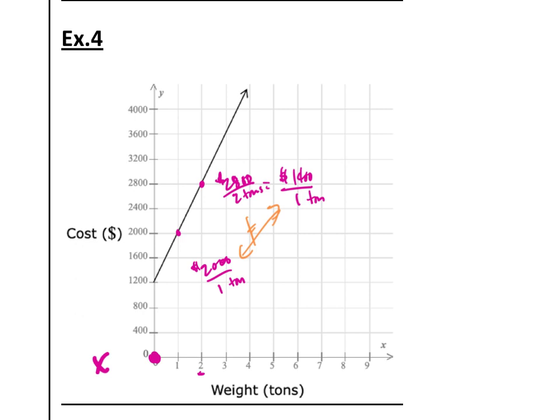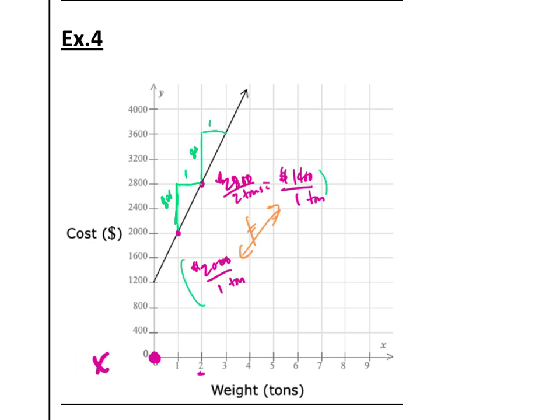It is a relationship. There's a slope triangle to this, which we probably won't cover until the end of the year, but there's a slope triangle here because we go up 800 for every 1 ton we're increasing, right? And we can see that same thing here. We're going to go up 800 for every 1 that we increase, right? But that doesn't mean it's proportional, because we can see right here that 1,400 per ton is not the same thing as 2,000 per ton.